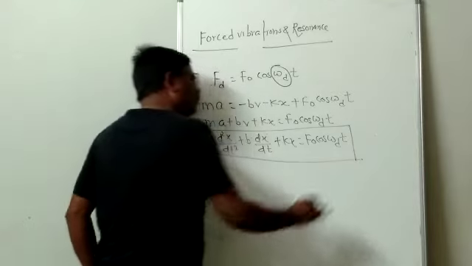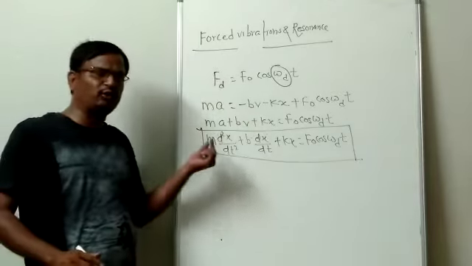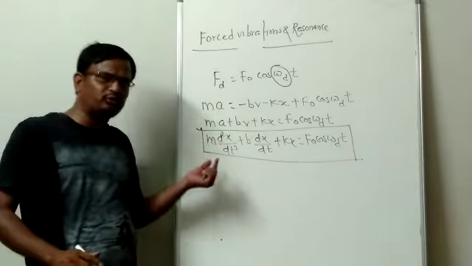When the external force is applied, the body is going to oscillate with the frequency of the external force. When the natural oscillations die out, the body is going to oscillate with the frequency of the external periodic force omega d.